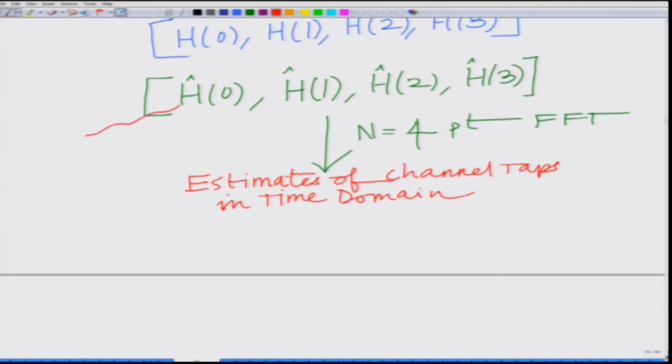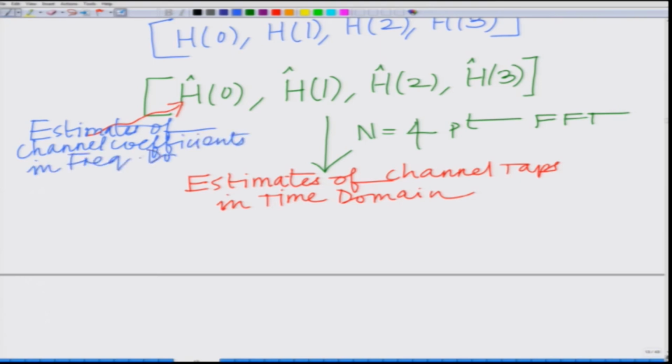These are the estimates of the channel coefficients in the frequency domain, yeah, that is important to keep in mind.